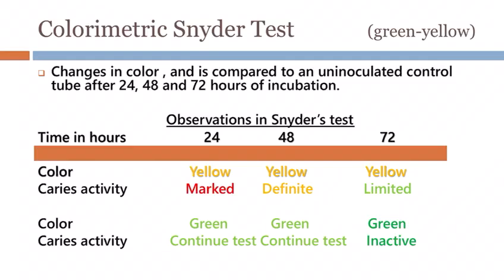If it is yellow, the test is completed and the result is given as definite caries activity. If the color is green, the test is continued for 72 hours. If after 72 hours the color turns yellow, the result is given as limited caries activity. Whereas if even after 72 hours the color is still green, the result may be given as inactive.